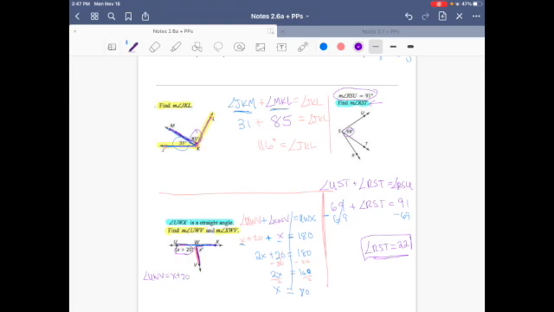And I know that X is now 80, so I can say 80 plus 20, right? I just got this 80 by putting it in there. So 80 plus 20 is 100. So angle UWV is 100.